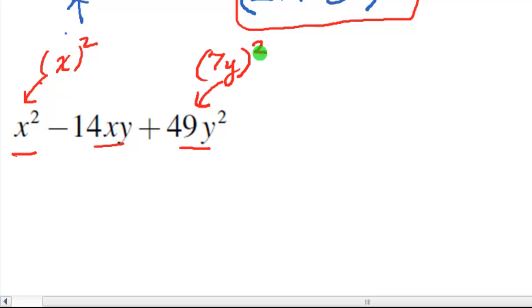Okay, now we have to check that our middle term works for the perfect square trinomial. And remember how we do that? We multiply the x times the 7y.